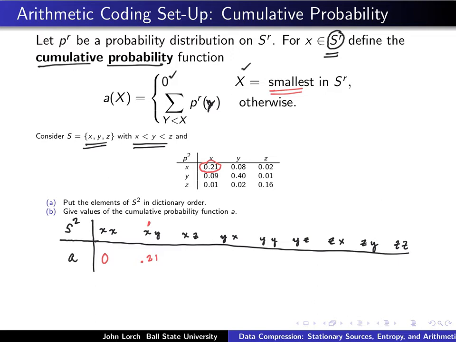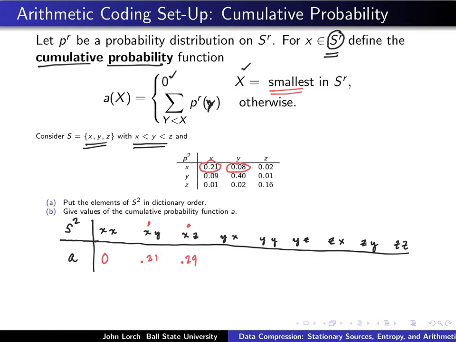Next I want to find A of the string XZ, which means I add up the probabilities of all of the previous strings, that is of XX and of XY. The probability of XX is 0.21, the probability of XY is 0.08. If I add those together, I get 0.29.